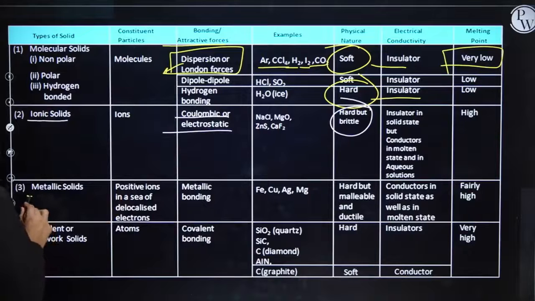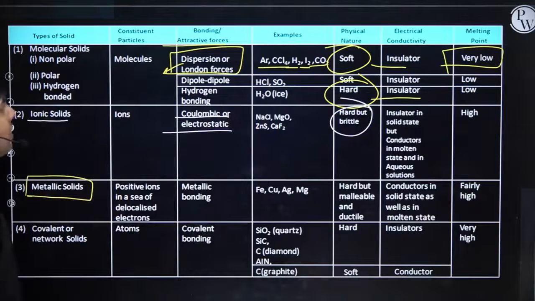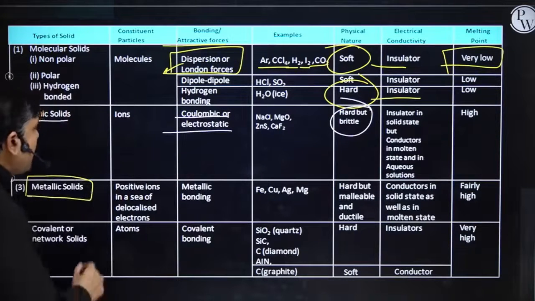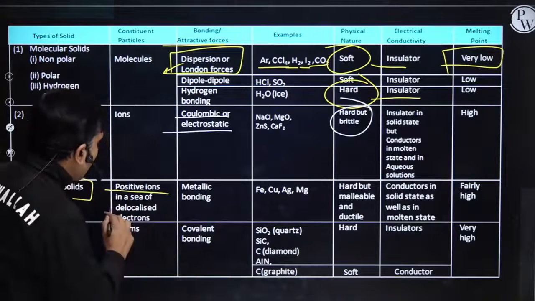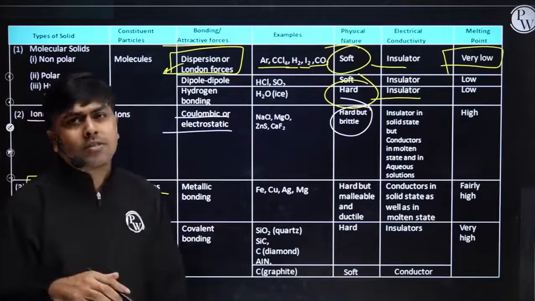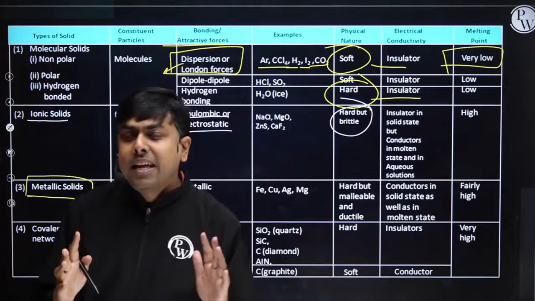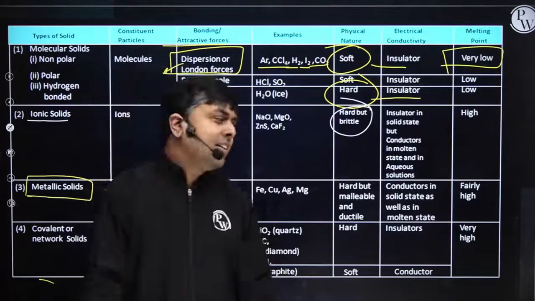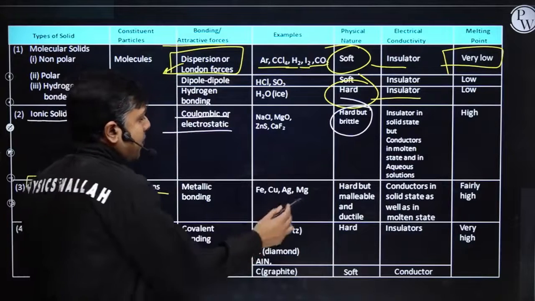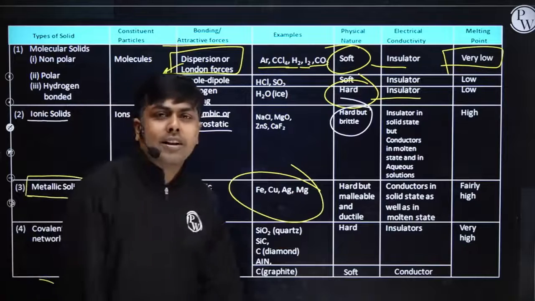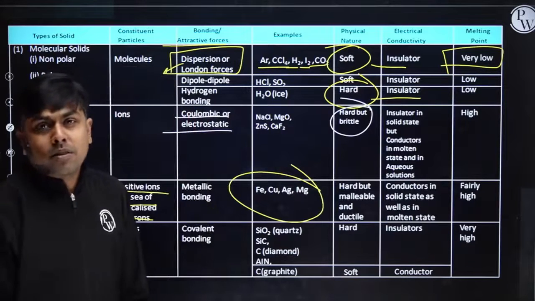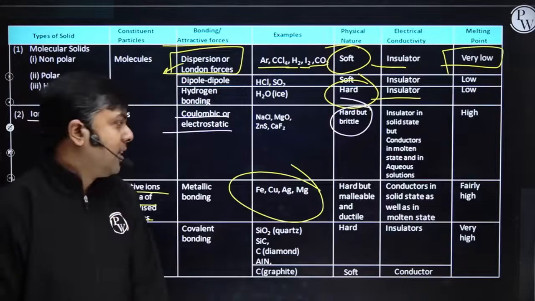Next one, metallic solids. Students, if I talk about metallic solids, here the constituent particles are positive ions immersed in a sea of delocalized electrons. We'll study about this in metallic bonding in the chemical bonding chapter. Am I clear? Okay. Examples are iron solid, copper solid, Ag solids. These are the examples of metallic solids.